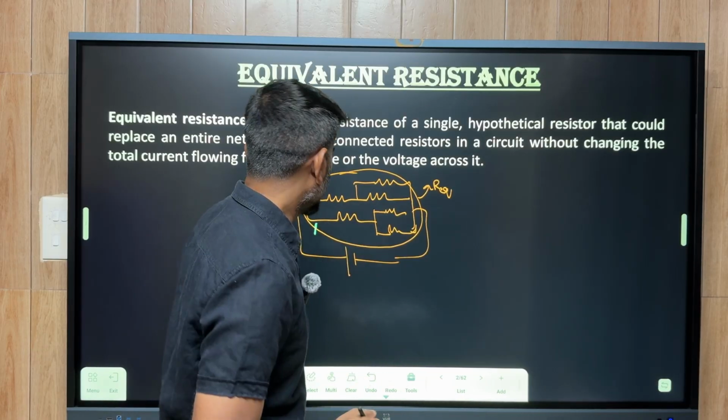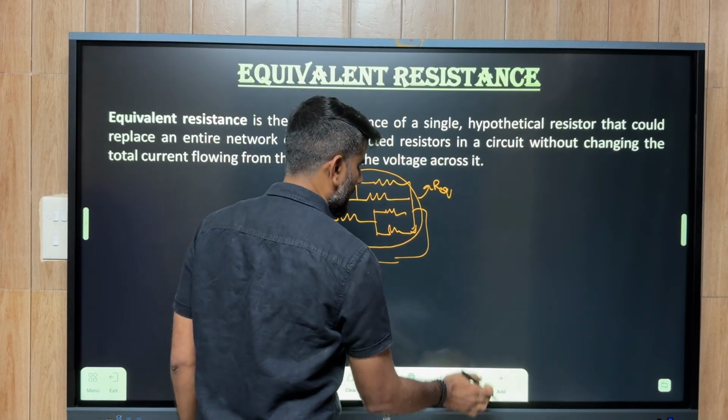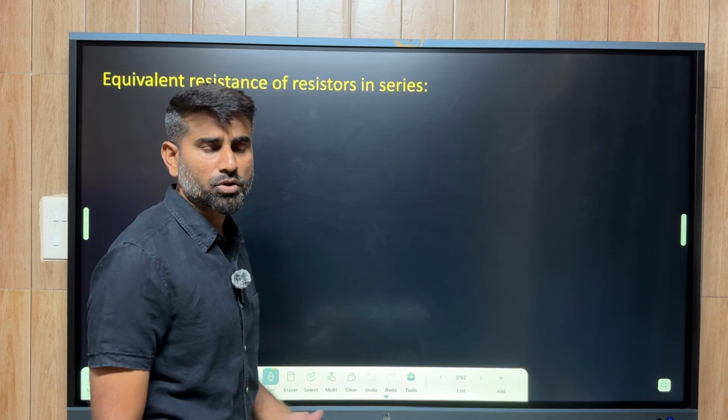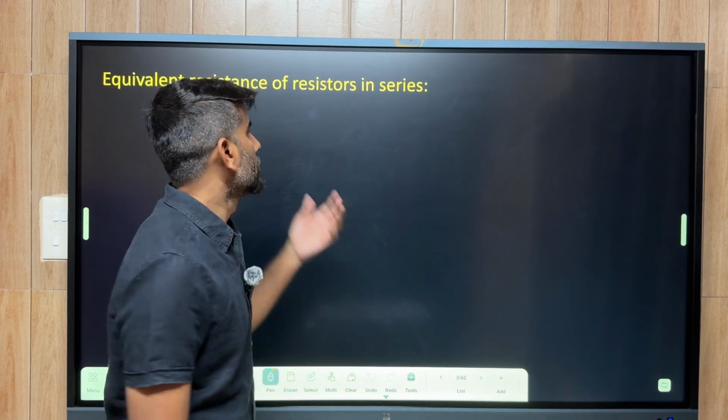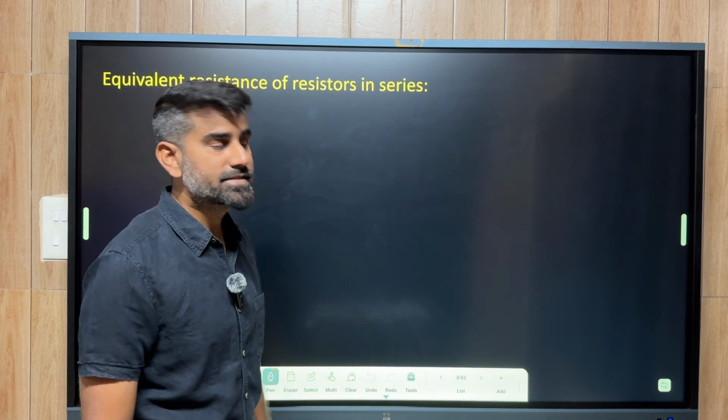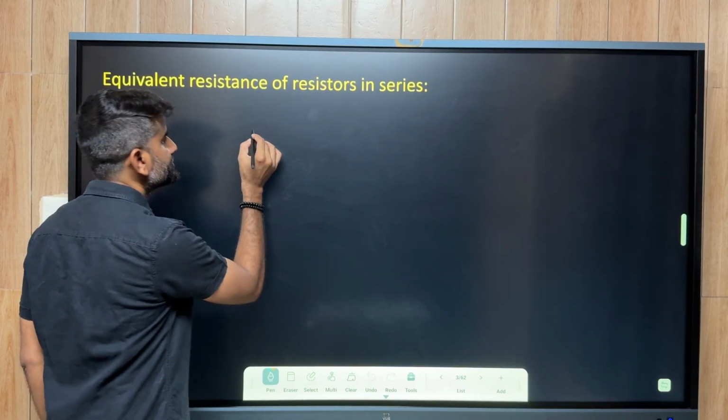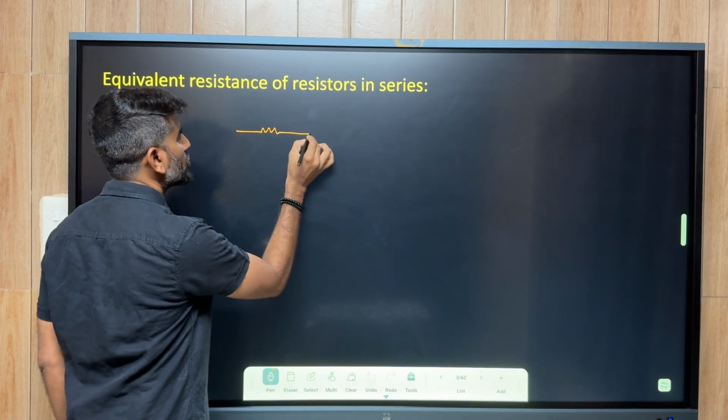Now let us derive the formulas for the equivalent resistance for the case of resistors connected in series. Let us take two or three resistors.